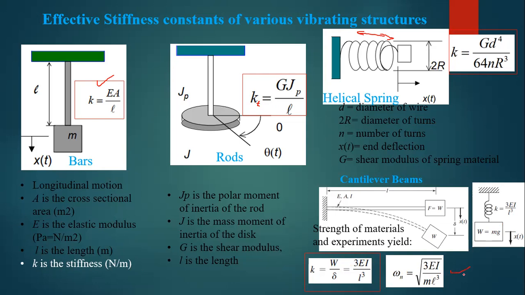These all are easily obtained from strength of materials. And the natural frequency is, as we know, radical K over M. So here M is already included under the radical. So that is the natural frequency of this system, or cantilever beam.